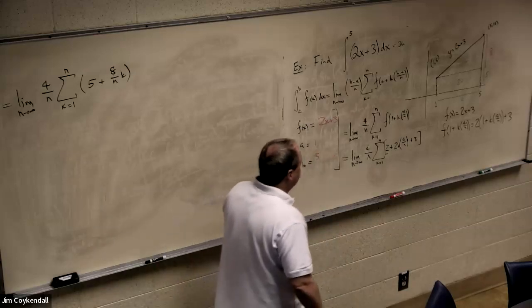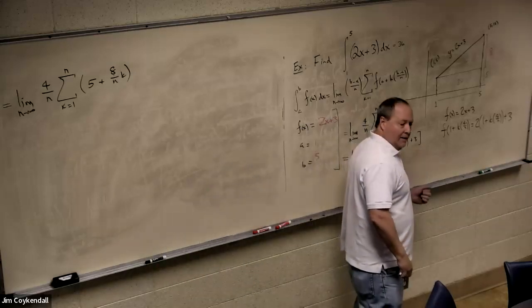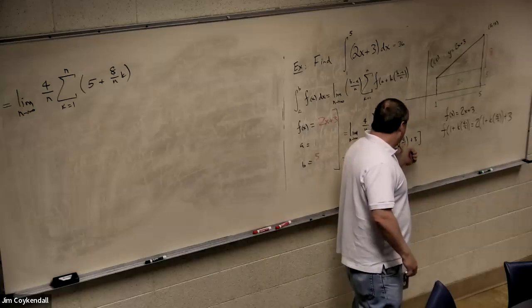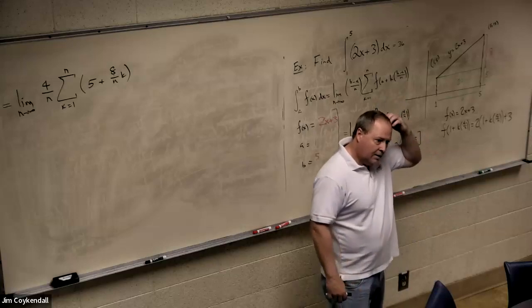I'll just clean it up a little bit. 2 and 3 is 5. There's 5. And I regroup this a little bit. It's k times 8 over n.